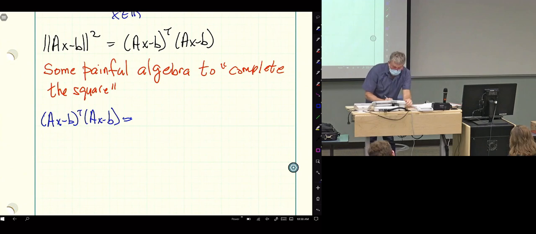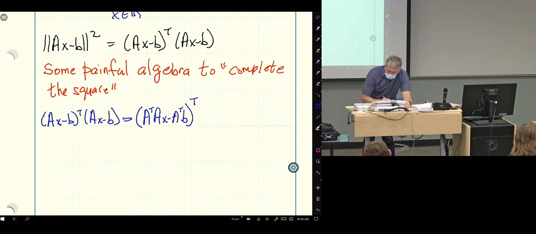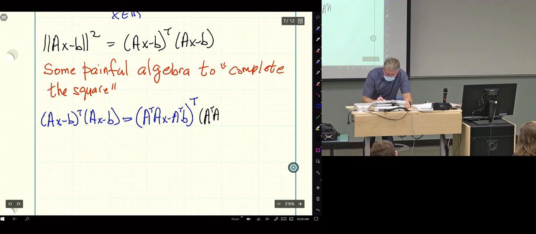Is equal to, and I need to write this very carefully, x transpose A transpose Ax minus A transpose b transpose times A transpose A inverse.